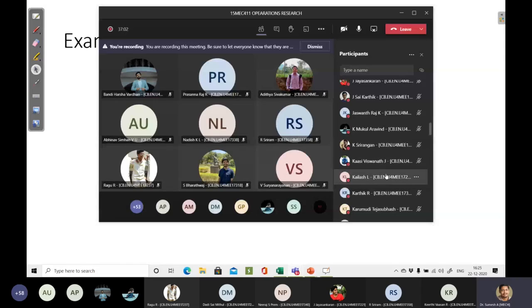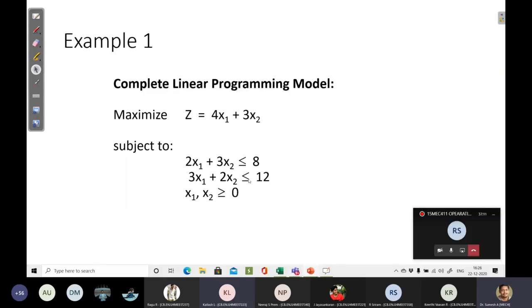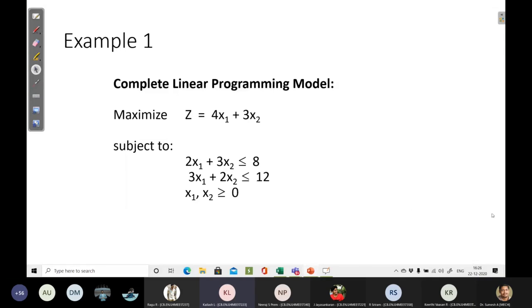Kailash, can you tell me what is to be done as a next step? Sir, your screen is hiding. Now it's visible. Sir, we have to create the maximize function, with the variables S1 and S2. Please let me know how to convert it into the standard form.